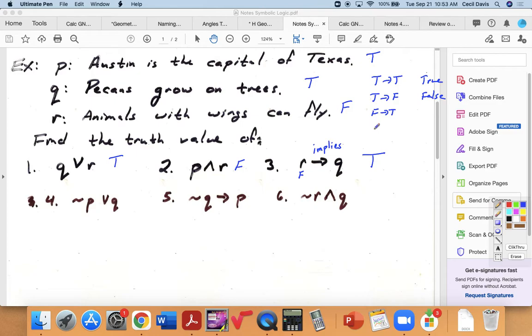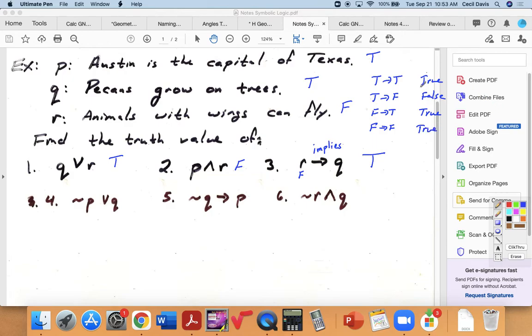I didn't win the lottery, but since I'm such a nice guy, I gave you all $1,000 anyway. So it's true. You can't prove that I lied. False implies false. I didn't win the lottery, and I didn't give you any money. Still true. You can't prove that I lied.